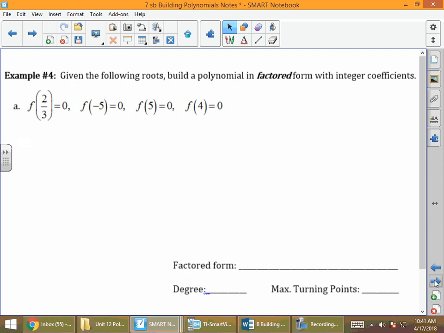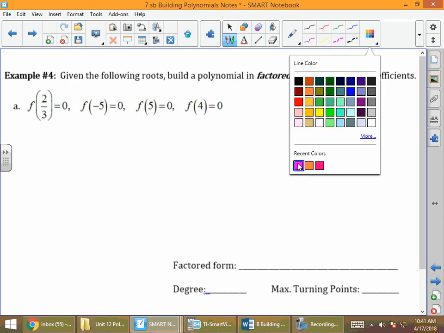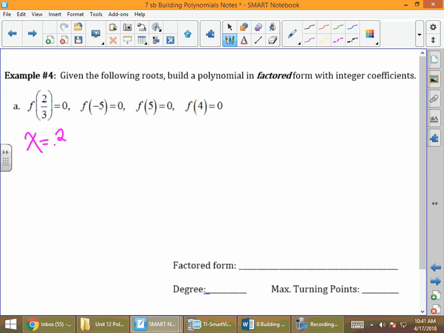Last example. Given the following roots, build a polynomial in factored form with integer coefficients. Well, first of all, this looks a little bit weird, but all that it means is x equals 2/3, x equals -5, x equals +5, and x equals +4.